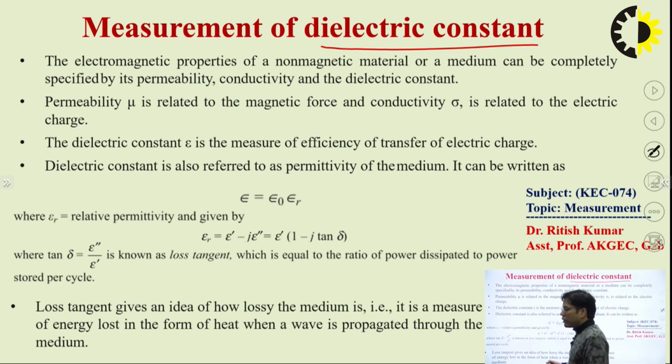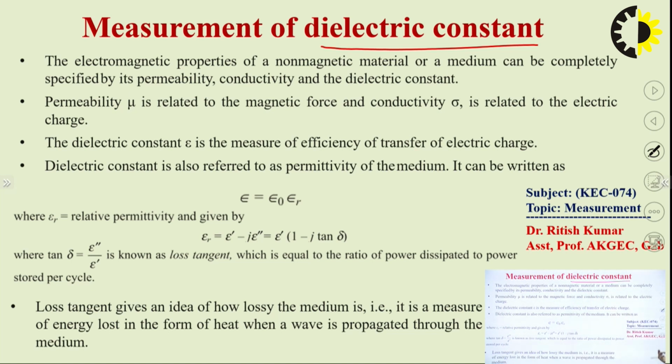It is an important property, and we need to understand how to measure it, because using it we can decide what kind of dielectric to use for designing antennas, filters, amplifiers, that is, microwave components and devices. So this is an important one, I can say.